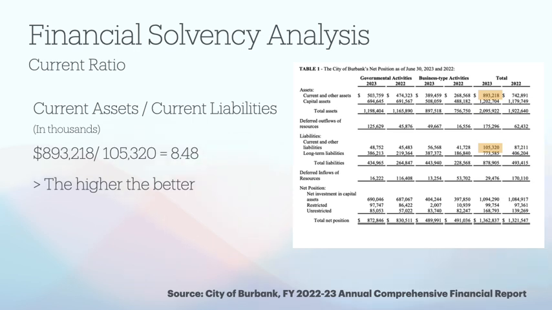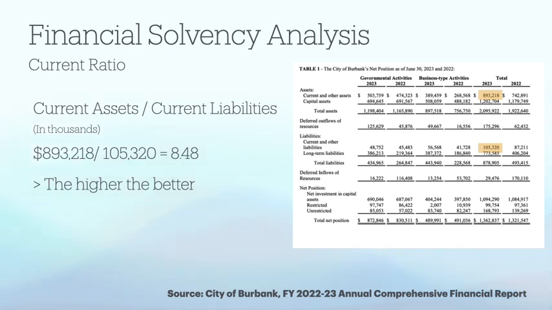The next ratio that we'll analyze is called the current ratio, and the current ratio compares your current assets against current liabilities. For the City of Burbank for fiscal year 22-23, current assets was $893,218,000, and the current liabilities is $105,320,000. You want this ratio to be higher.